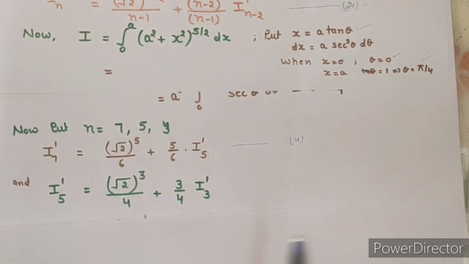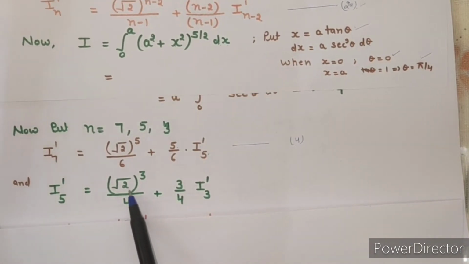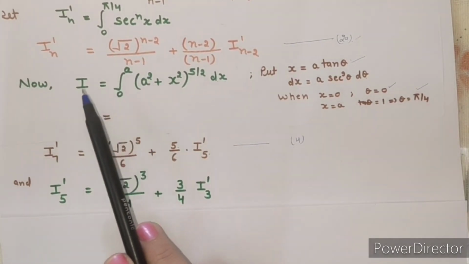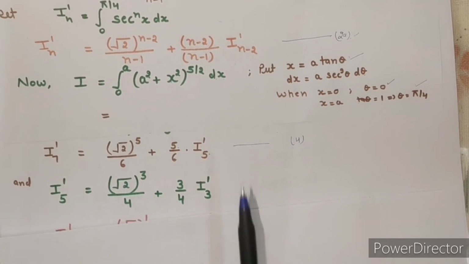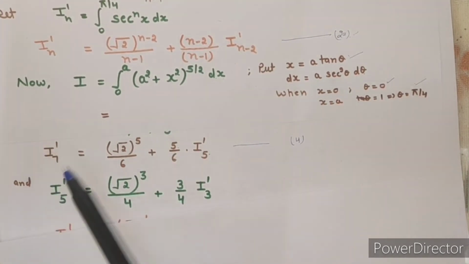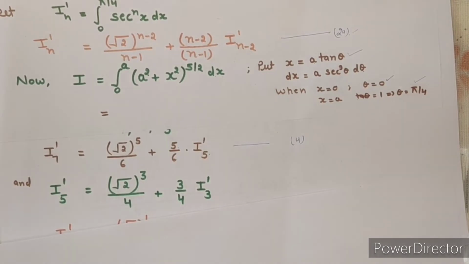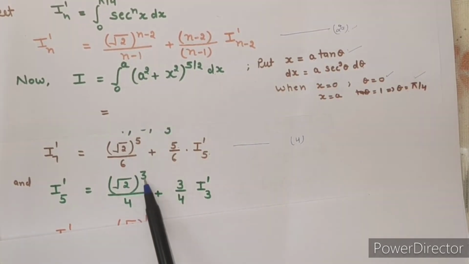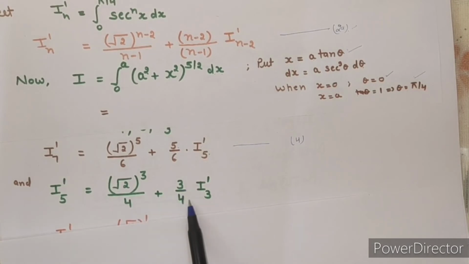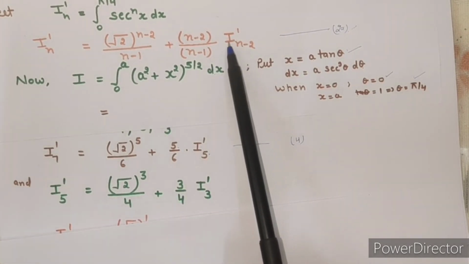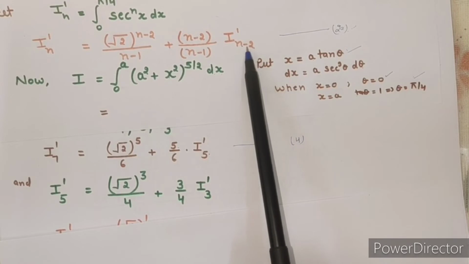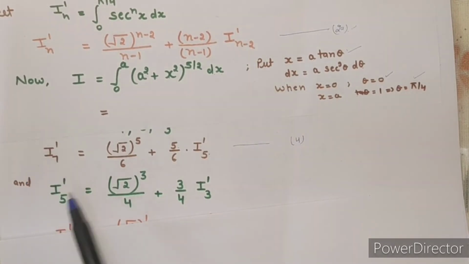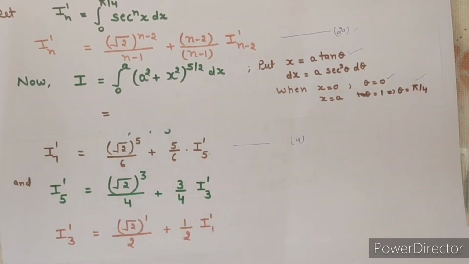Here in place of n you will put 5, as you already did for tangent quotients and cotangent quotients. The same line, you will put under root 2, this is 3 by 4 plus 3 by 4 and I of, here 5 minus 2, so the answer will be I3 dash.